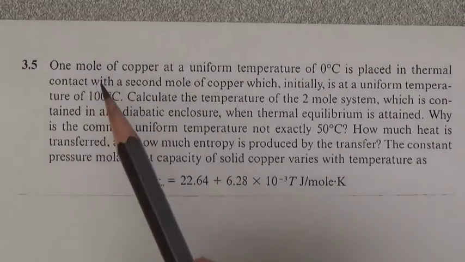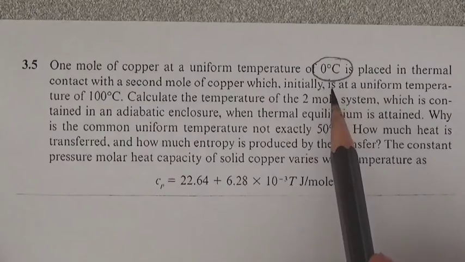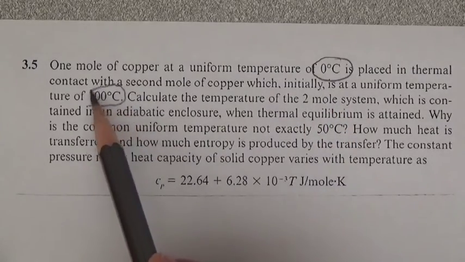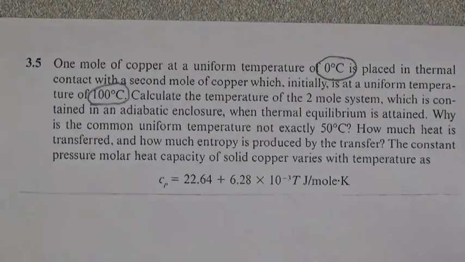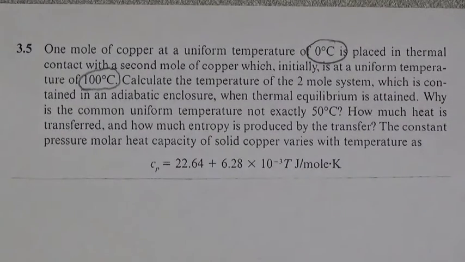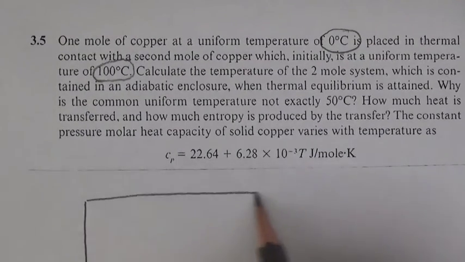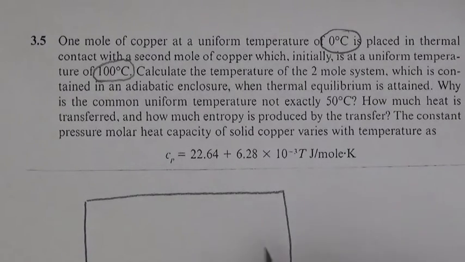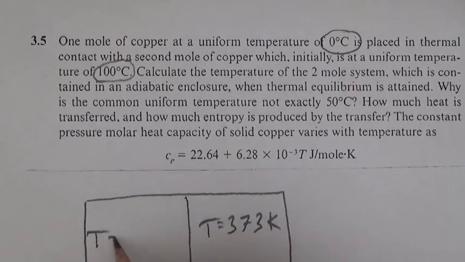So we have 1 mole of copper that is at 0 degrees C, and we put that in contact with 1 mole of copper at 100 degrees C, and we say that these are going to be joined and isolated so they can't absorb or emit any heat to their surroundings, and we're just looking at the effect of thermal transport across these. So our system looks basically like this. The hot side is T equals 373 K, and the cool side is T equals 273 K.